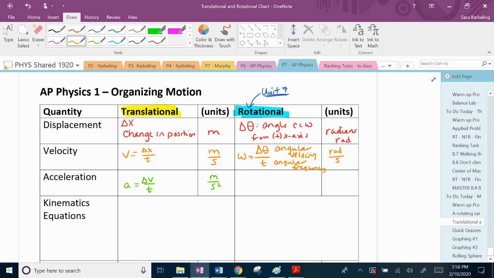And then we can take it one step further, right? We can say that just like acceleration is change in translational velocity divided by time, we've got a similar thing here that's going to be the change in omega divided by time. This is our angular acceleration.